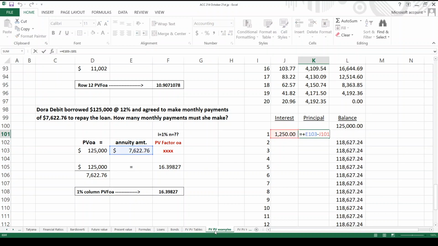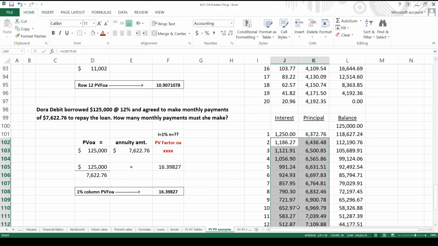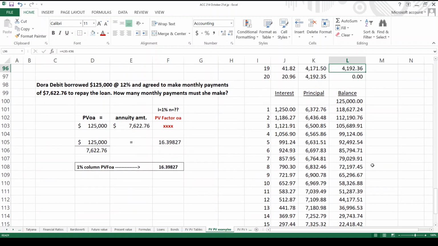We got to freeze the monthly payment again and carry this down and see what happens. It comes out to a penny after 18 periods, yeah. So it works. All numbers work.